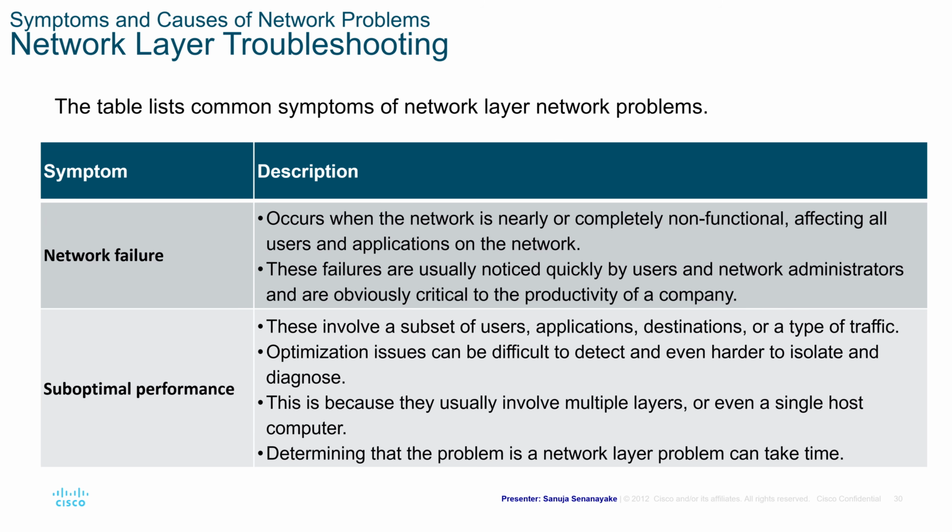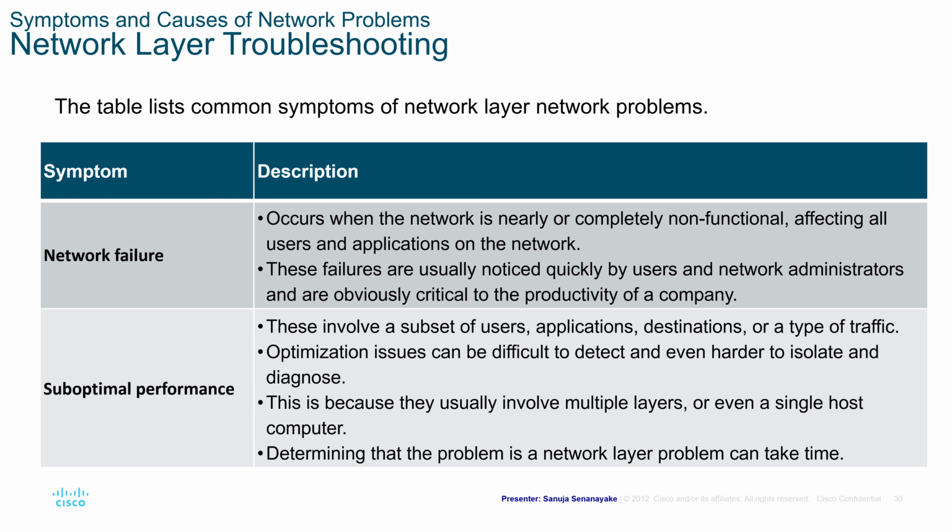Suboptimal performance. This involves a subset of users, applications, destinations, or type of traffic, and optimization issues can be difficult to detect and even harder to isolate and diagnose. This is because they usually involve multiple layers or even a single host computer.